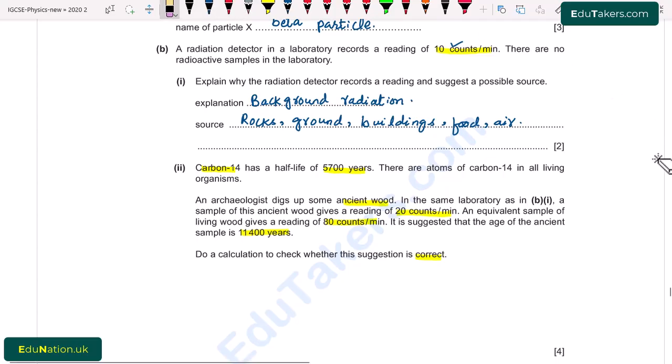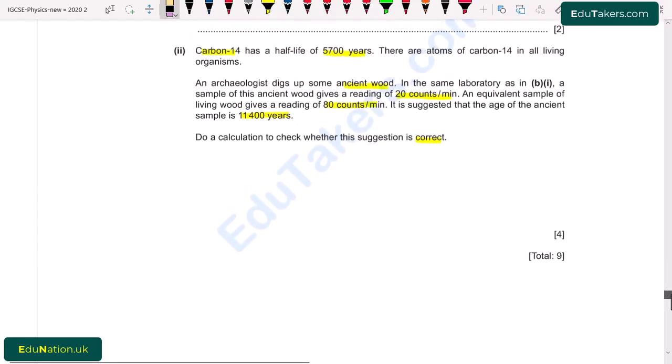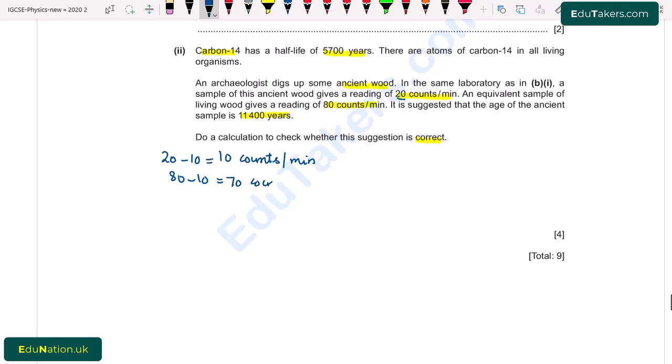We just subtract these. 20 minus 10: this is 20 counts and before it's 10 counts. So I subtract them. It comes to be 10 counts per minute. Also 80 minus 10 is equal to 70 counts per minute.